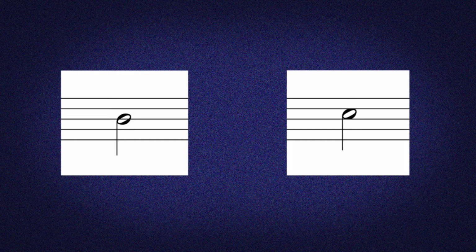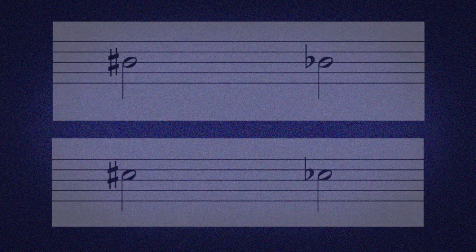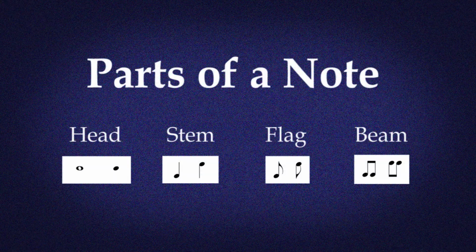Which line or space the note head is written on tells us which note to play. If the note requires an accidental, it is written before the note head and must be in the same position as the note. The other 3 parts of the note tell us about the rhythm or the timing of the note. We'll talk about that a little more in the next video.